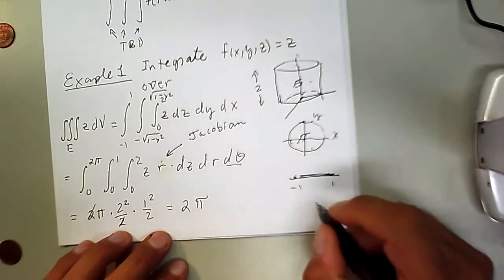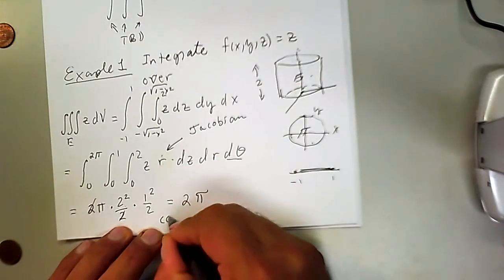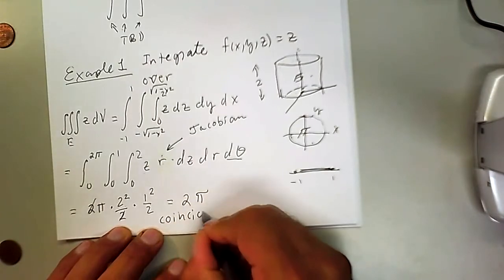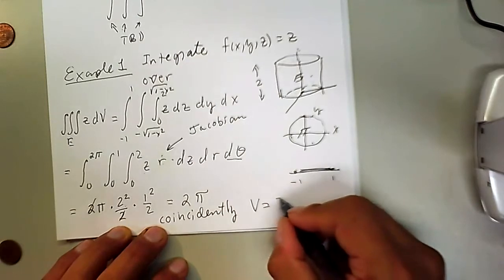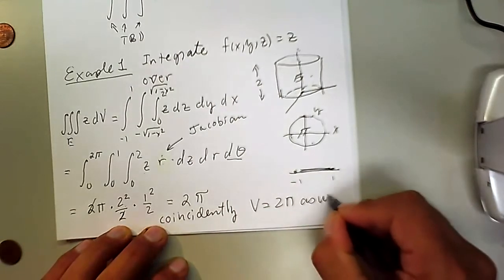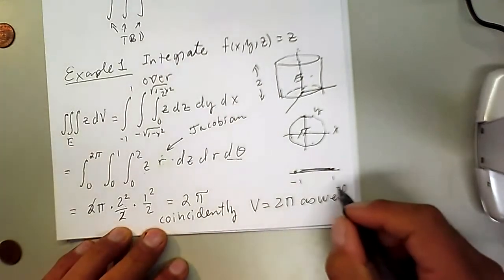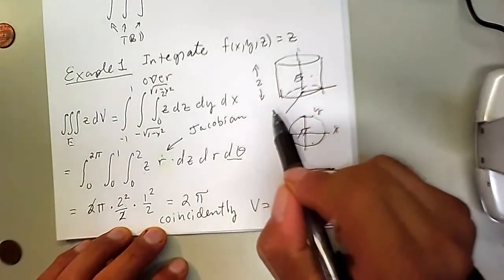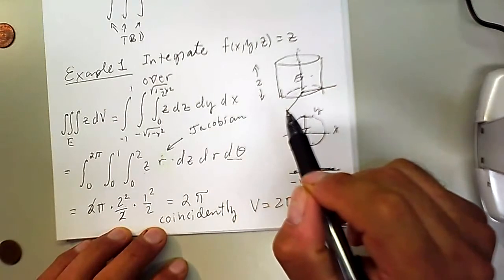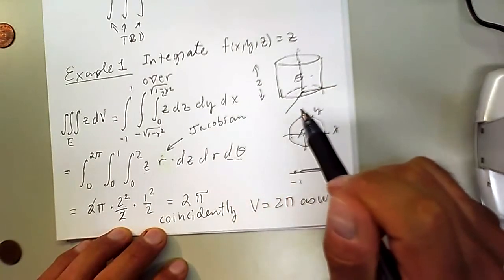Coincidentally, volume equals 2 pi as well. Yeah, but it's more of a coincidence because of the numbers that we're using. It just happened to work out that way.